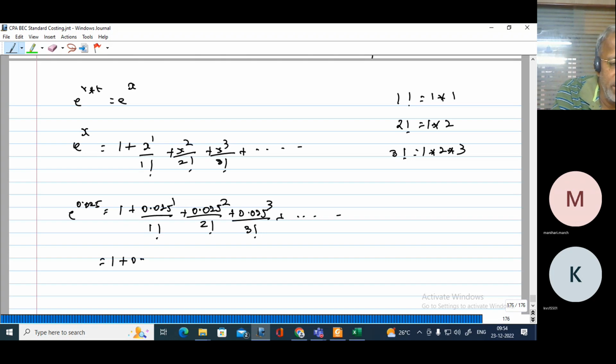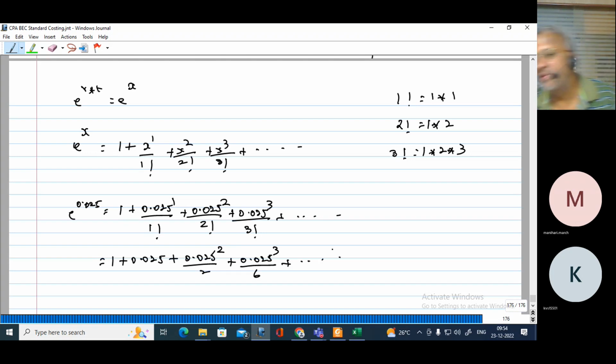So 1 plus 0.025 plus 0.025 squared divided by 2 plus 0.025 to the power 3 divided by 6, and so on. This itself will be sufficient, so even the third term is not required.